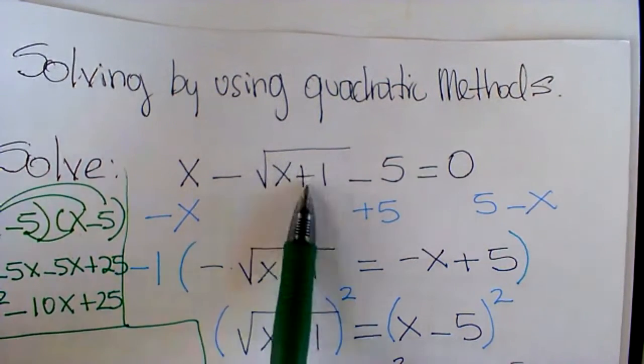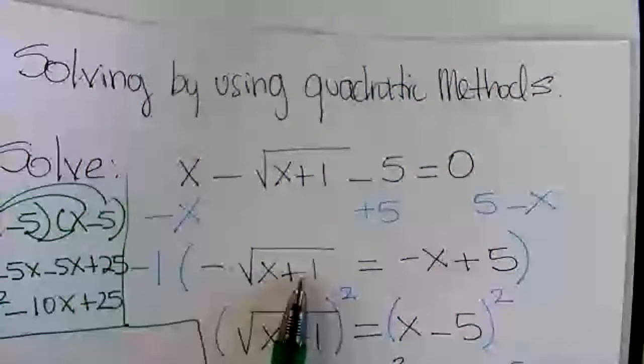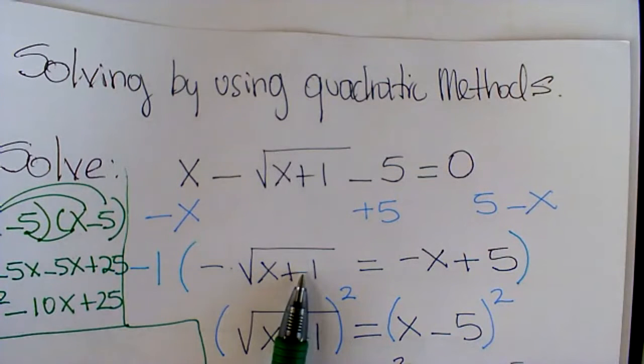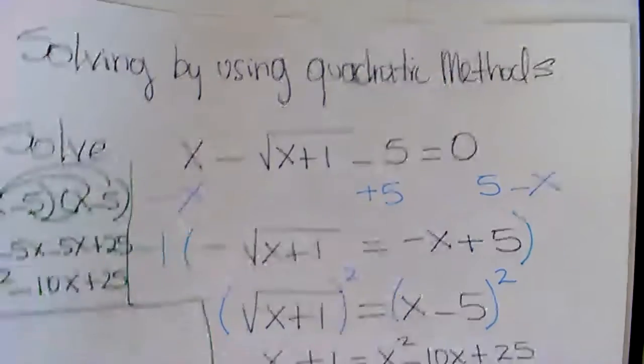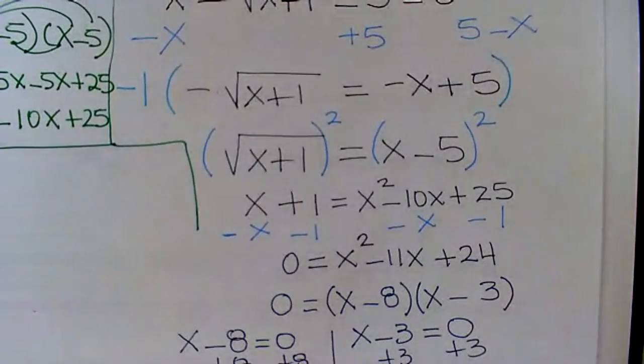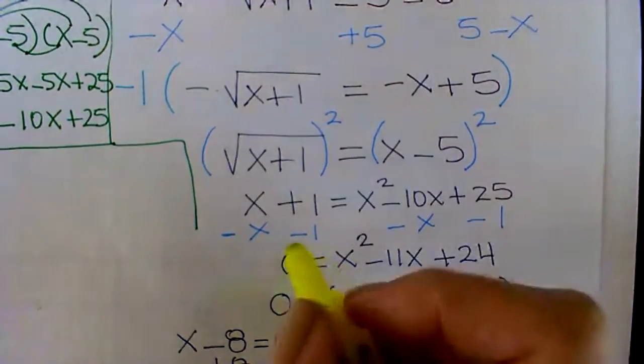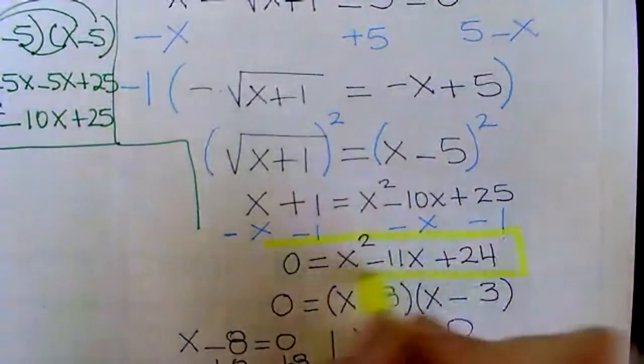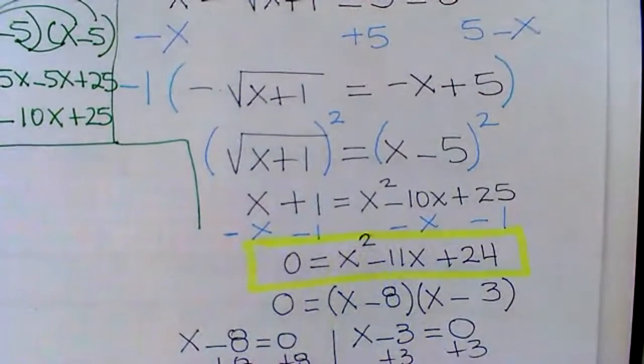So first we need to get rid of the square root, and we did it. We isolate first the square root, and then we square both sides. We did that, and we came up with this.